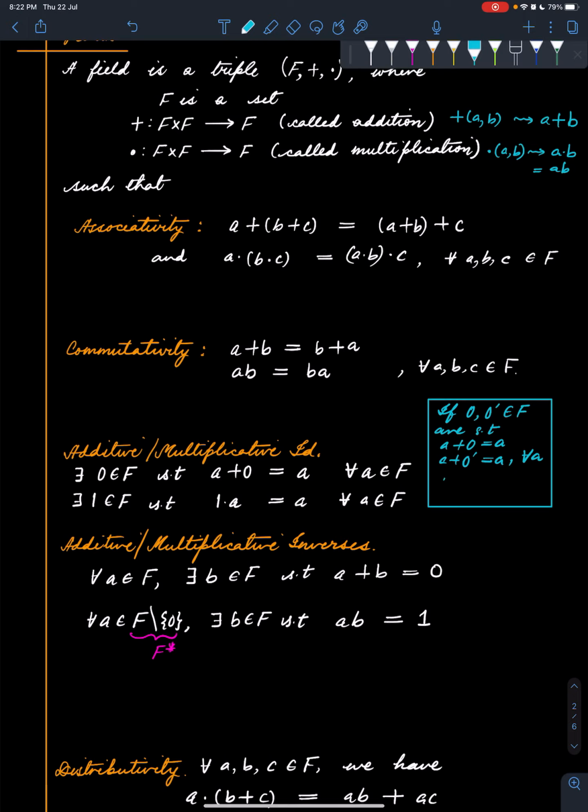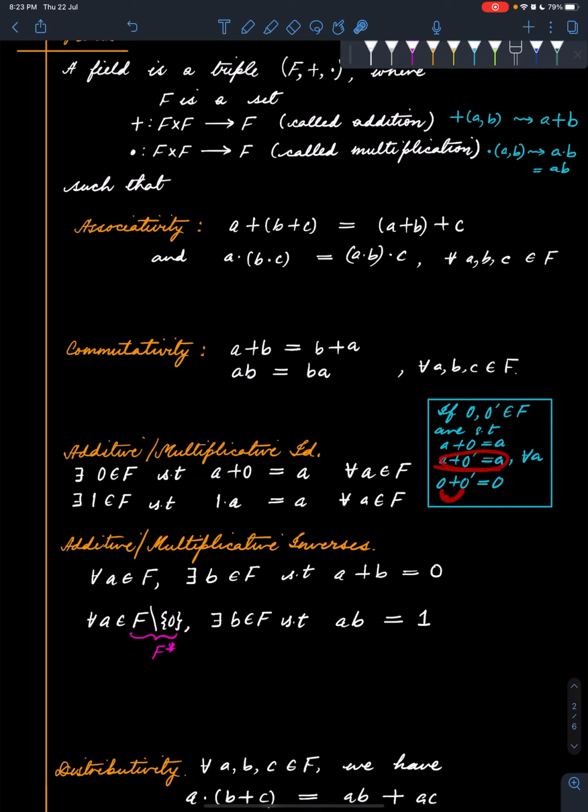And how do we do that? So 0 plus 0 prime would equal 0, because you can think of this as A and use this equation. So that's what you get via this equation.